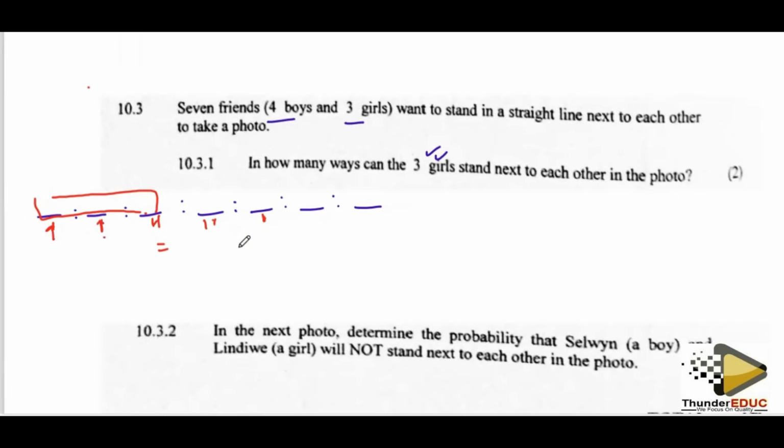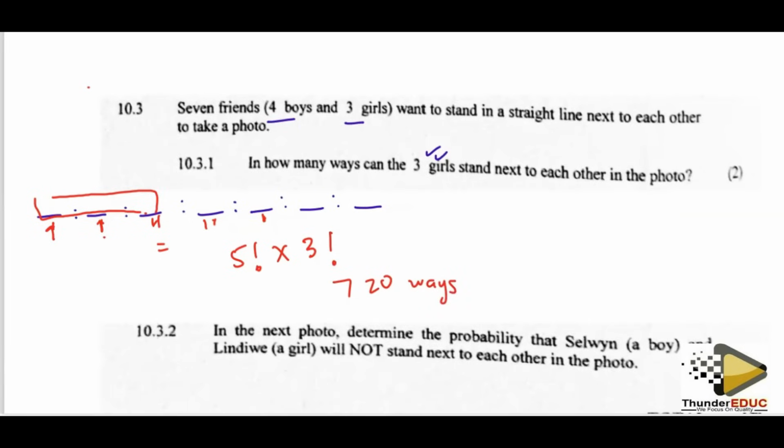So it's 5 different options. Times within the girls, you can always switch positions as well. Okay. So 3 factorial times 5 factorial. I'm getting 720 ways.